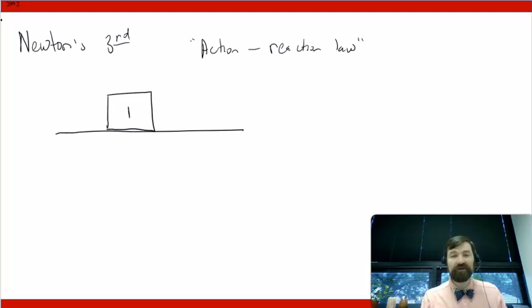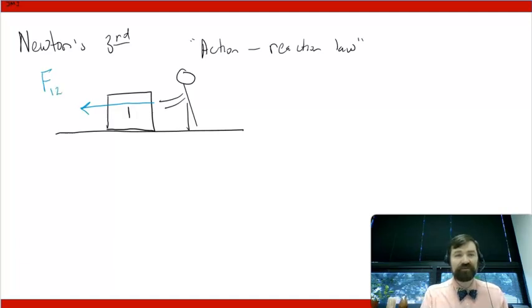Maybe it is a box. I have object number two, maybe a person, and they are trying to push on the box. So the person is pushing on this box with some force. We'll call this F on object one by object two. Well, that would result in the box pushing back on the person with a force.